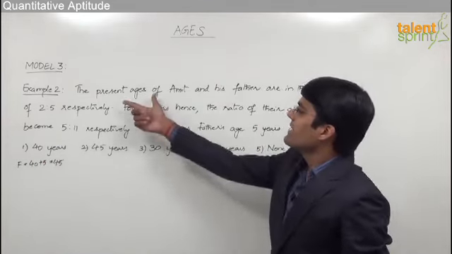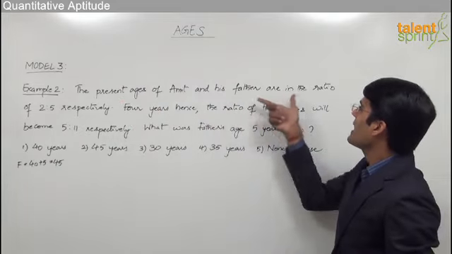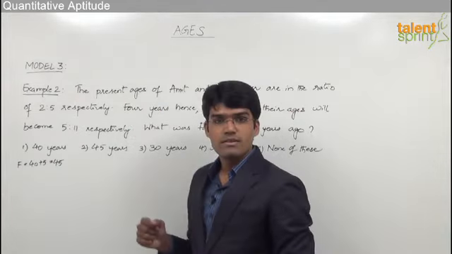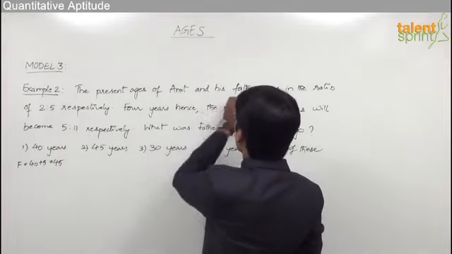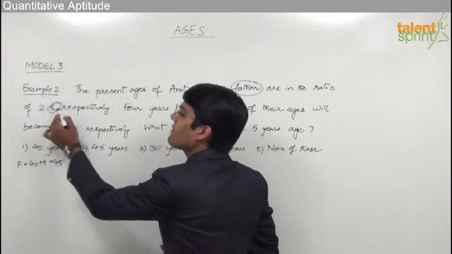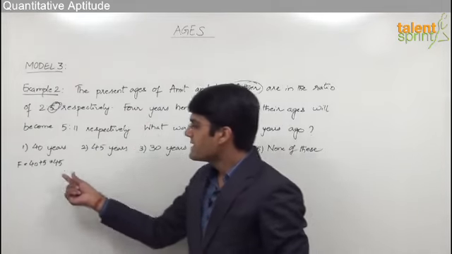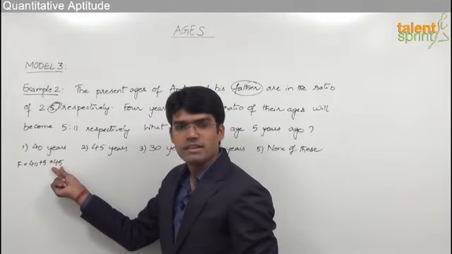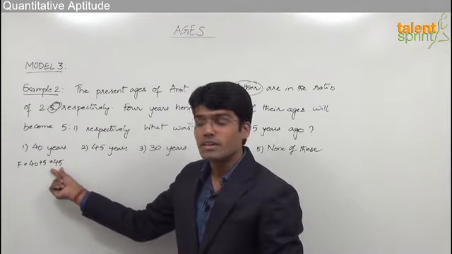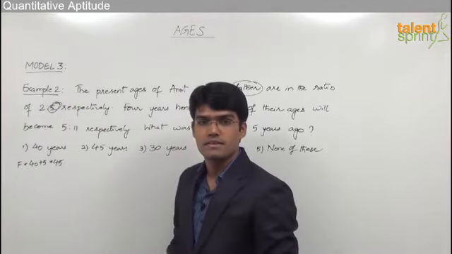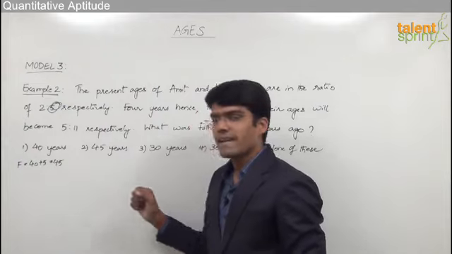We know that present ages of Amit and his father are in the ratio of 2:5. So very clearly, father's present age should be a multiple of 5, as the ratio is 2:5. And as you can see here, father's present age, that is 45, is a multiple of 5. So this satisfies the first condition. Now moving on to the second condition.